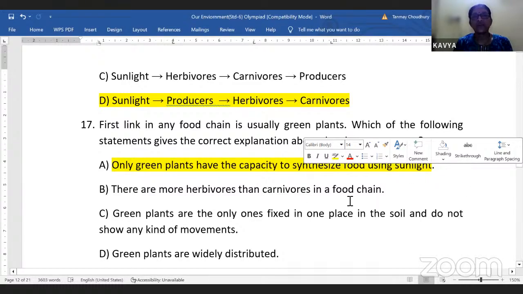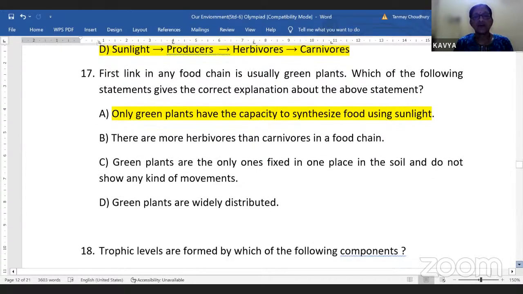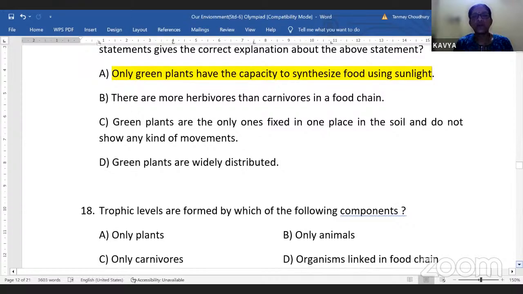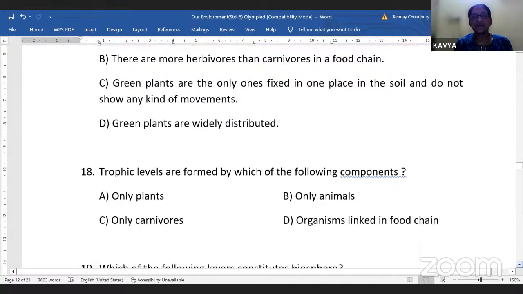There are more herbivores than carnivores in a food chain. That cannot always be true. Green plants are fixed in one place in the soil and do not show any kind of movement, but that is not the reason for this. Green plants are widely distributed. That is also not the reason. Trophic levels are formed by which of the following components?